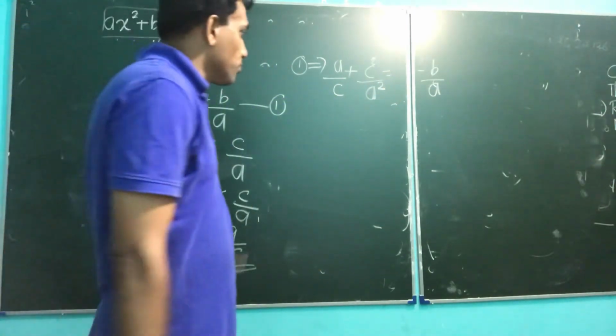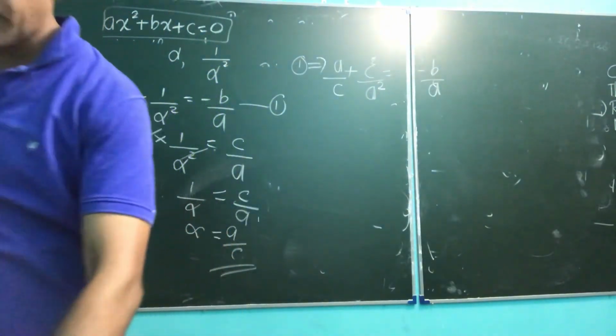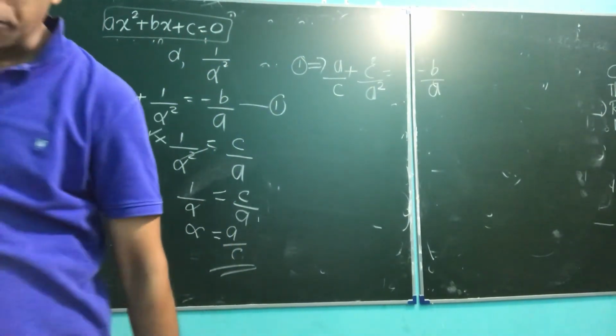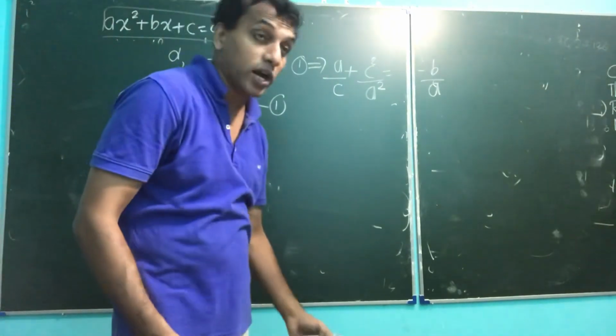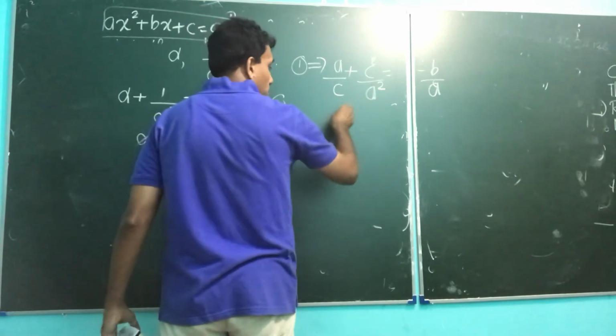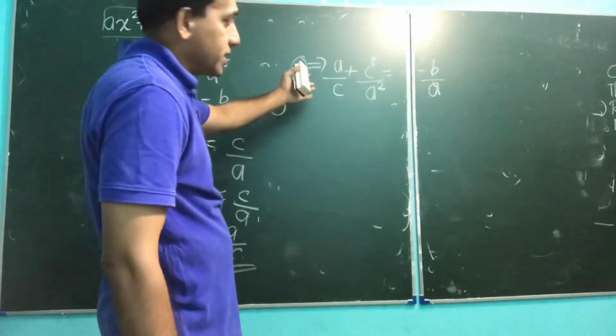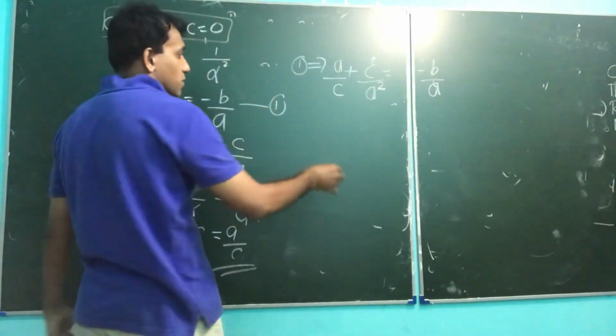Now multiply everywhere by the LCM, a square c. Oral maths here. Multiply by a square c everywhere.